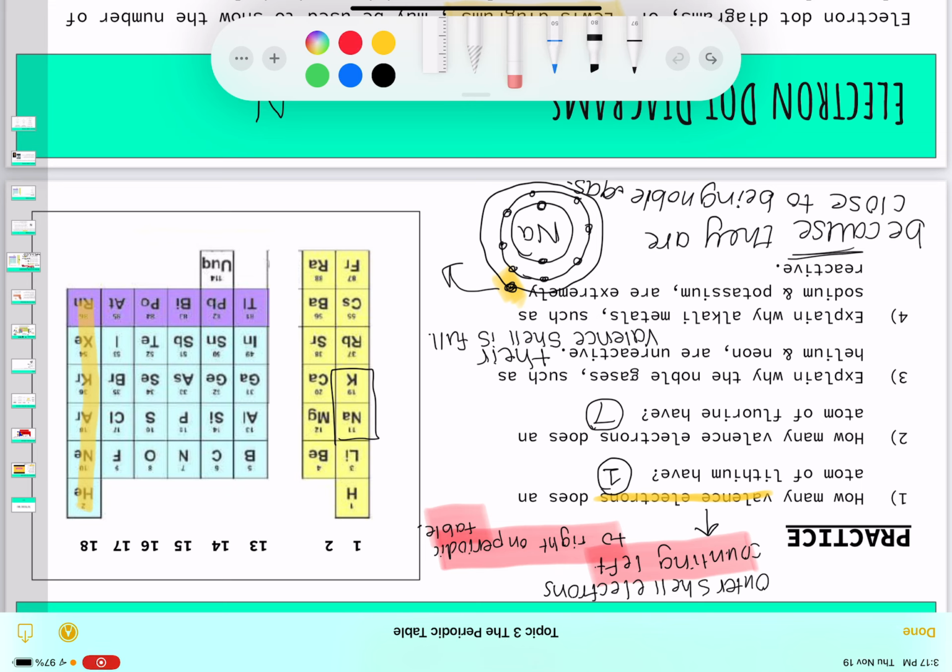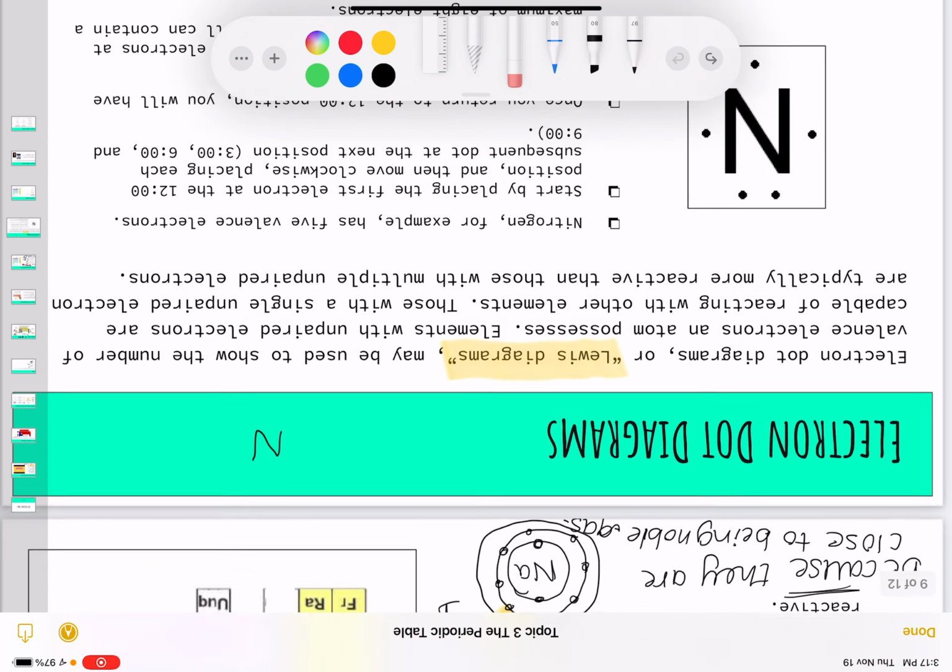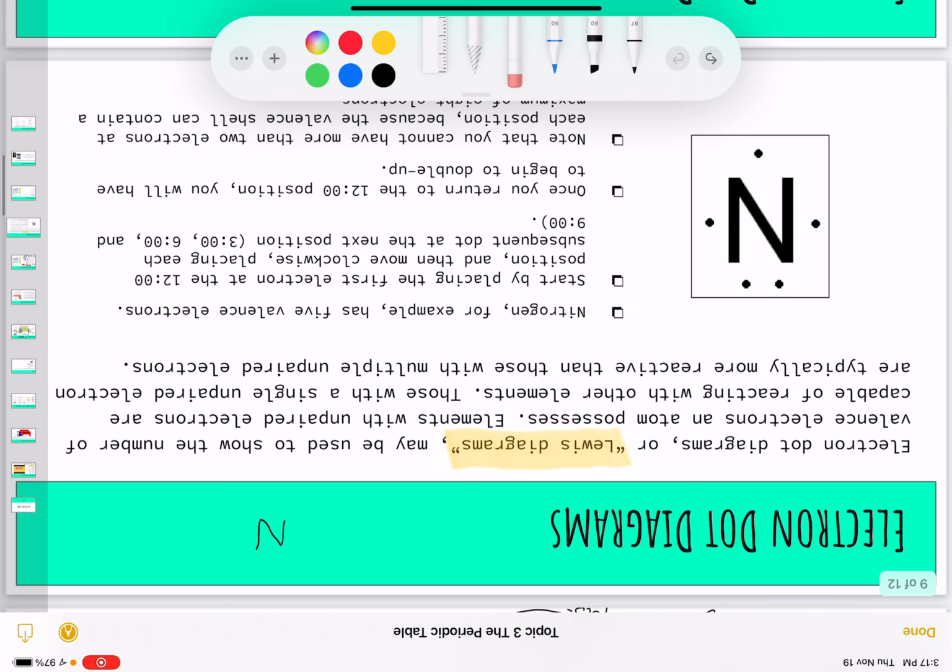So for nitrogen, we count left to right. Nitrogen's right here. 1, 2, 3, 4, 5. Good. We have 5 valence electrons. So now we know there are 5 dots. Counting with the 12 o'clock means they're talking about a clock. We start at the top and then go clockwise, so to the right.